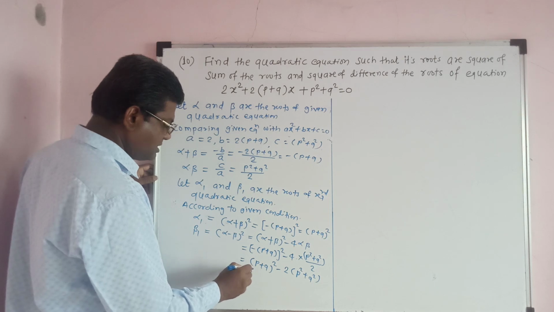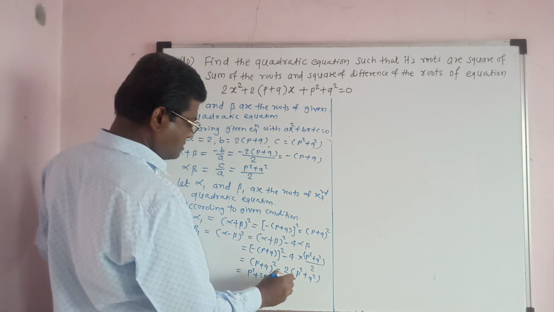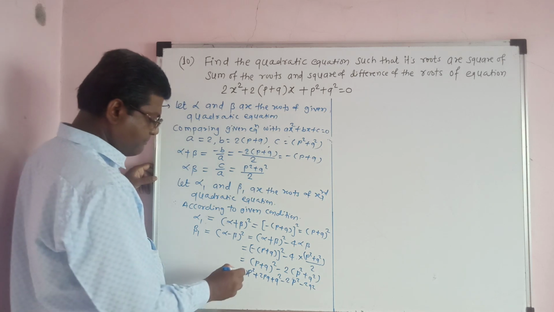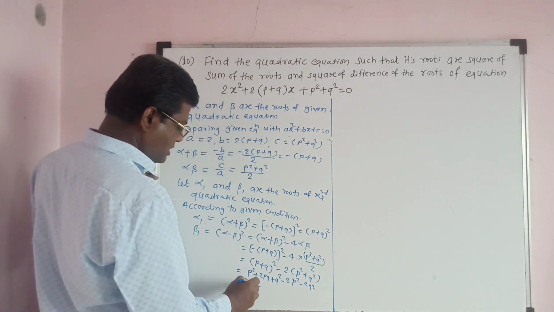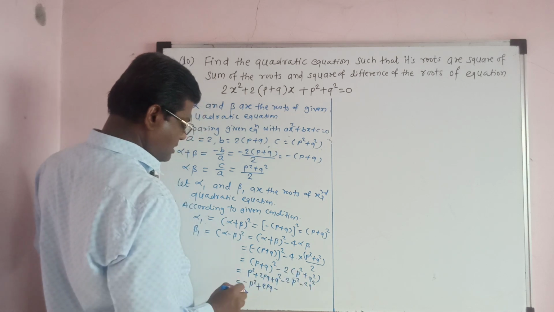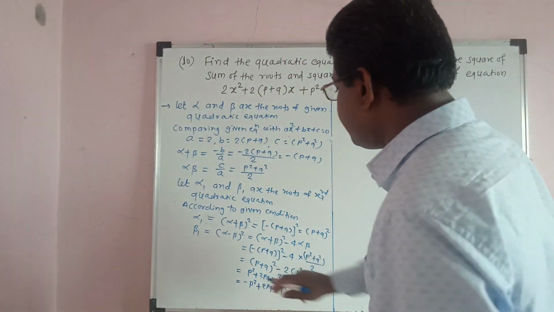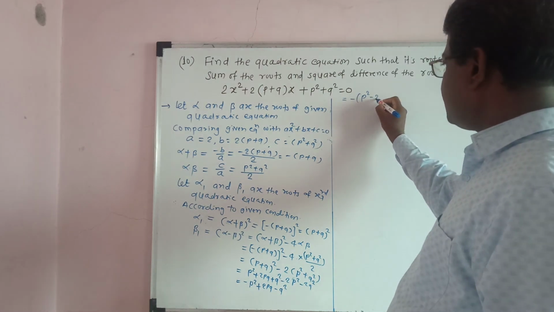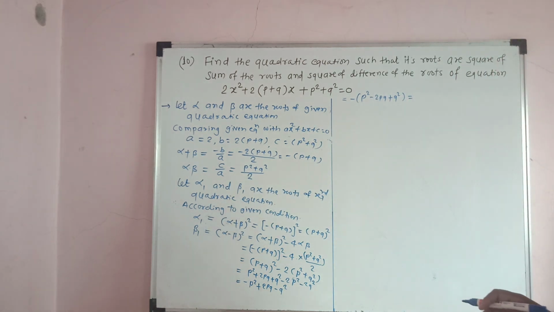Expand this bracket: p² + 2pq + q² - 2p² - 2q², which is -p² + 2pq - q². Take the minus sign common: -(p² - 2pq + q²), and this is the perfect square of (p - q).